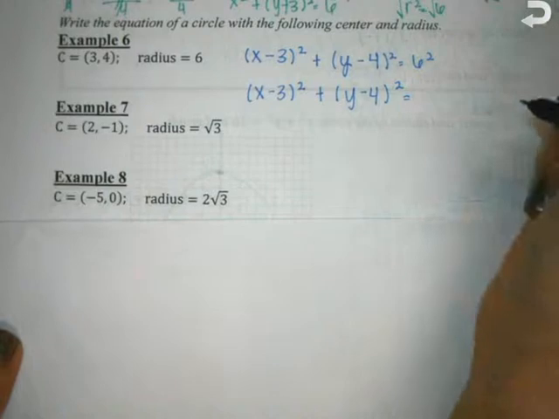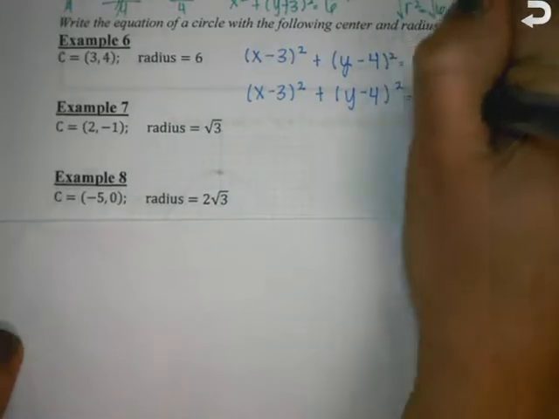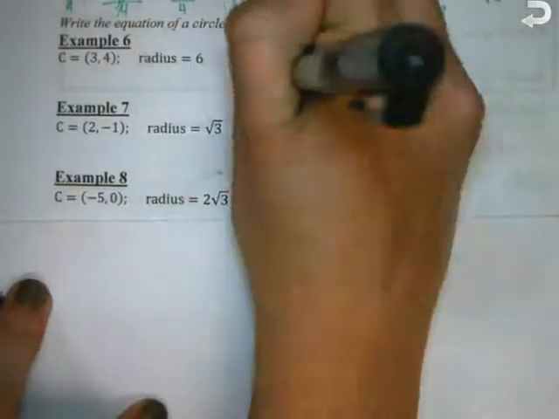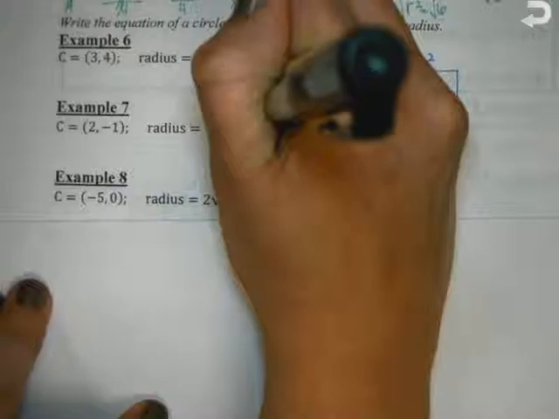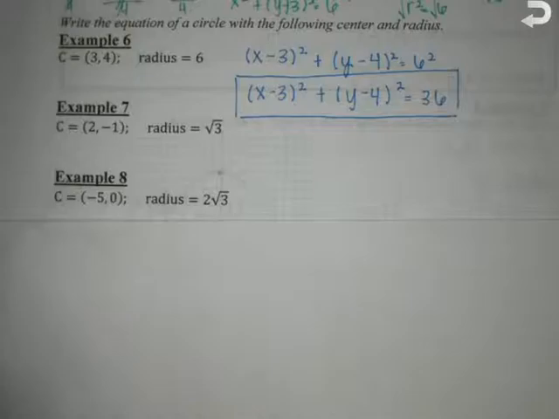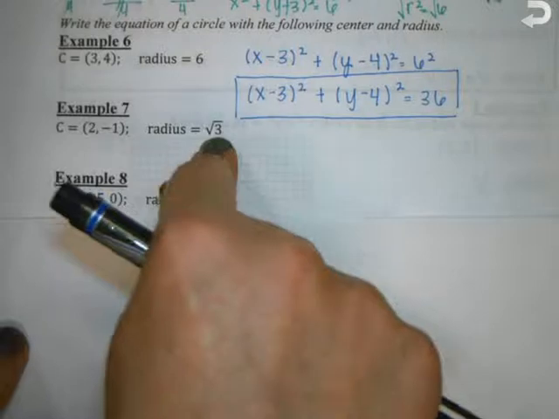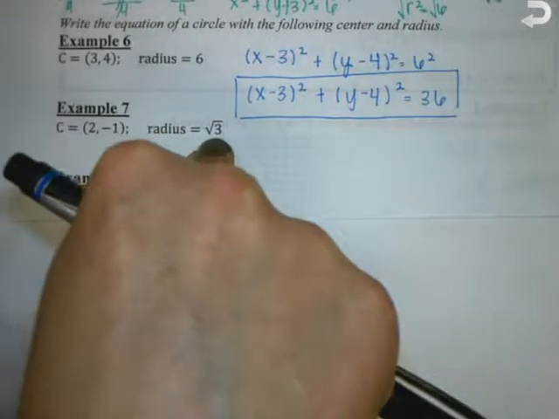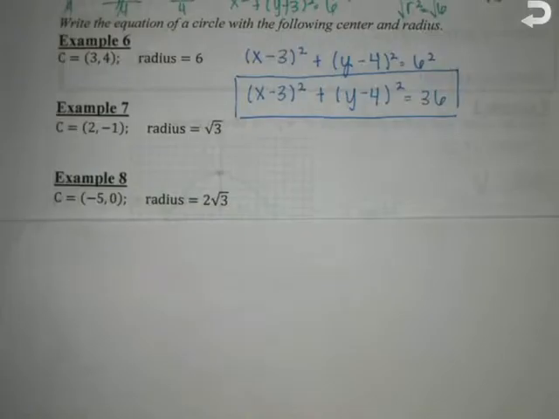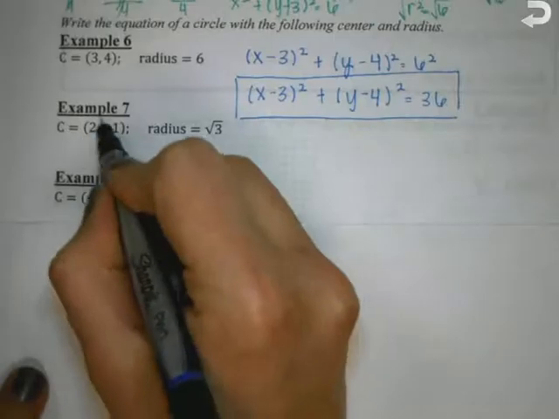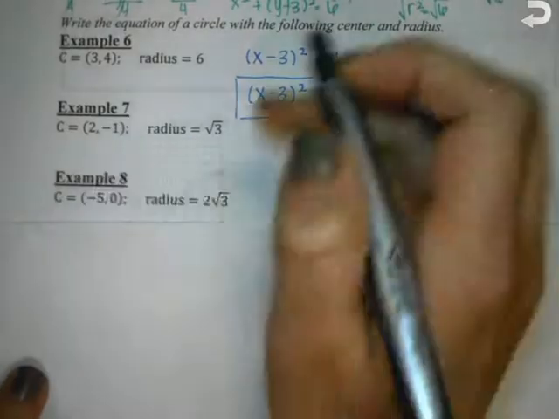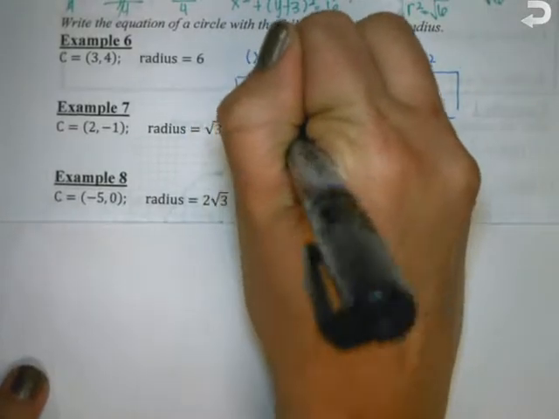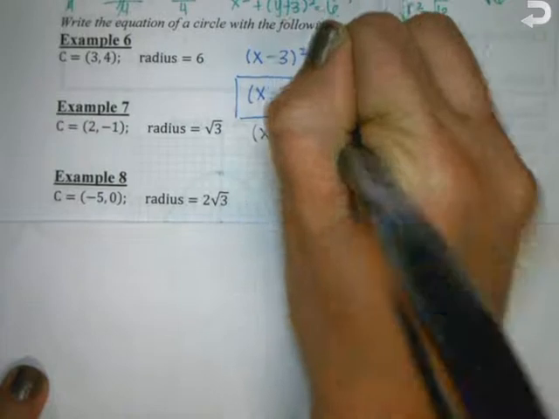Okay. Try 7 and 8 by yourselves. Make sure that when you plug in the radius, you put it in parentheses before you square it. Okay? Okay, so example 7. Our x coordinate is 2, so that's going to be x minus 2 squared plus the y coordinate is negative 1, so that's going to make it y what? Plus 1 squared equals square root of 3 squared.